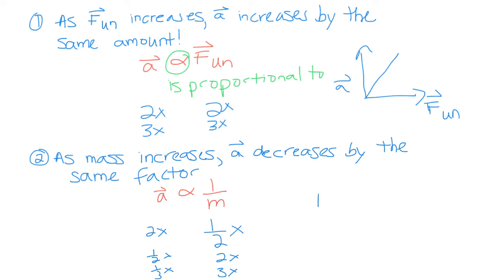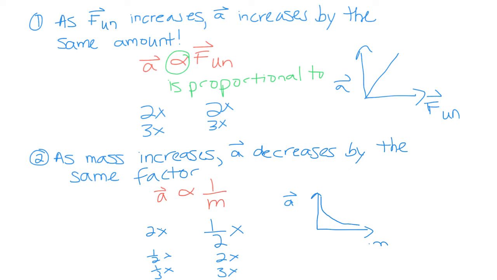I'm not going to go into too much detail on inverse proportionality, but it is a curve. It is the curve that you saw in your lab in that first question, and it is asymptotic. So it actually doesn't touch the y-axis. If I had zero mass, I would have infinite acceleration.